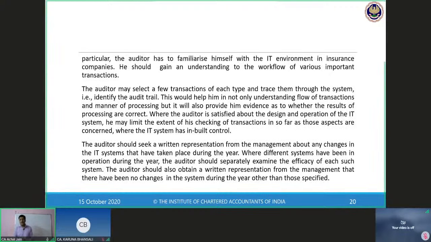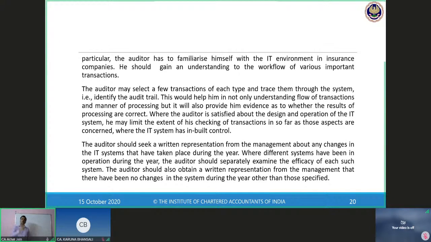So that's why any of these auditors will now be required to understand, and accordingly will be required to use their IT experts, or they will have to have that expertise themselves, and they will also be required to use the audit methodologies or audit tools on the basis of which the audit of all of these information systems will be done.